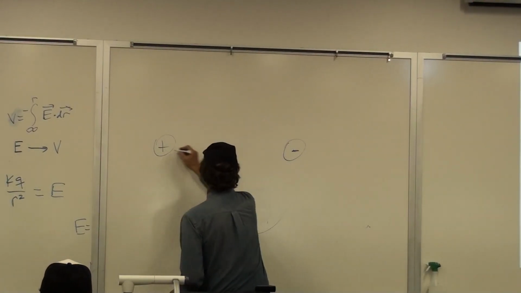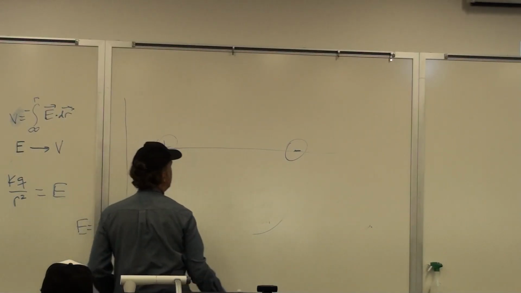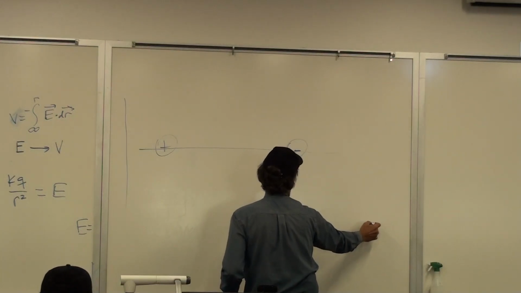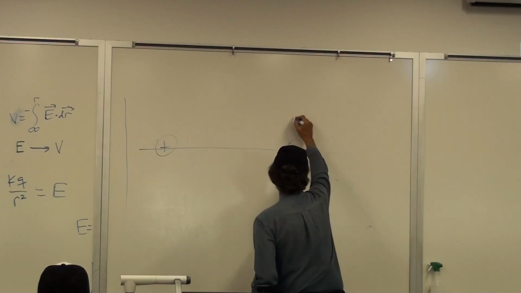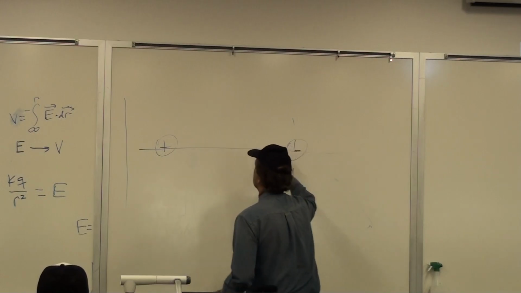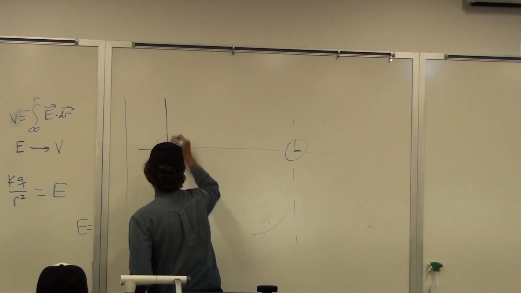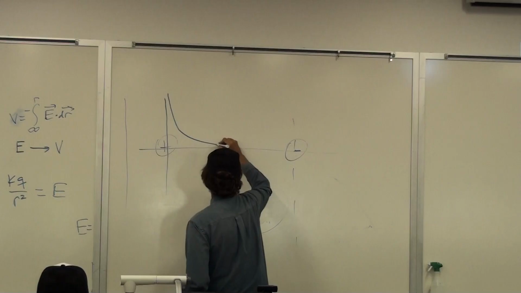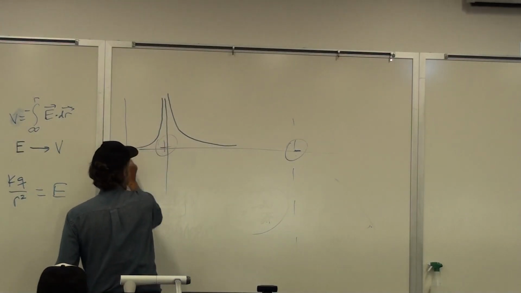Okay, so if we want to plot the voltage for each one, this is going to come in like 1 over R. So this is going to look like this. But it also goes out this way too because it's spherically symmetric.